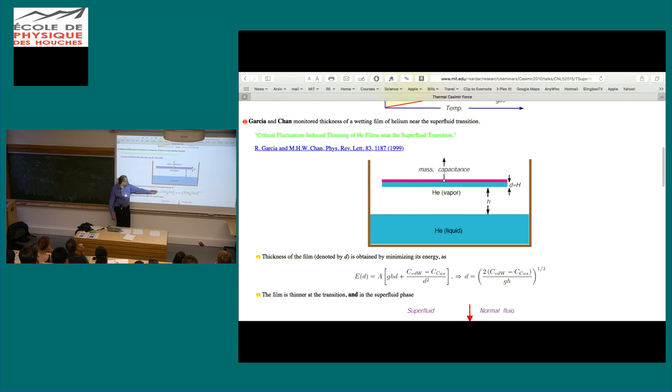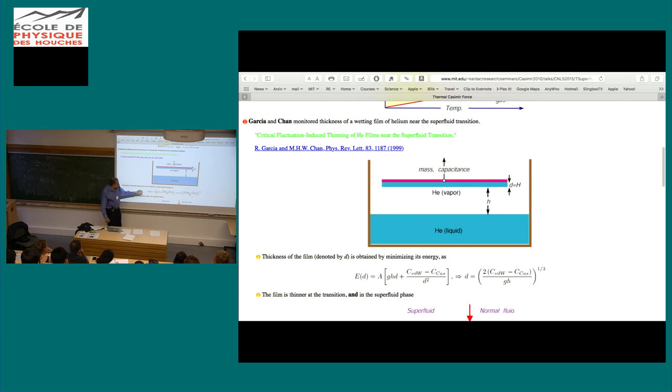Whereas the cost to move this all the way up over a distance h, for a film of thickness d, is proportional to the thickness and how far you have to go. So this expression combines the loss of gravitational potential energy and the gain in van der Waals attraction.